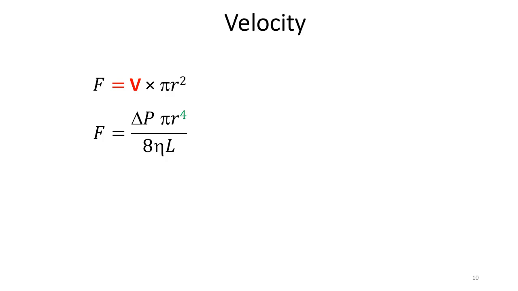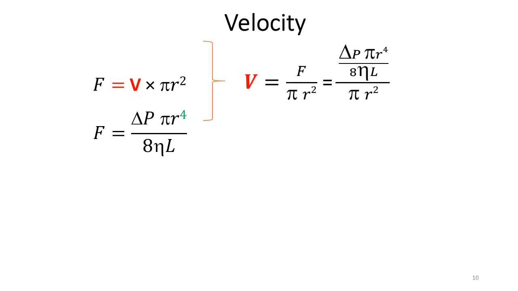So if we solve these two equations, Poiseuille's law and the velocity formula from physics, we can find velocity, abbreviated as V, with this formula. And finally, in this formula, velocity has a relation with the cube of radius and pressure, and also has a reverse relation with eta, viscosity, and L as length.